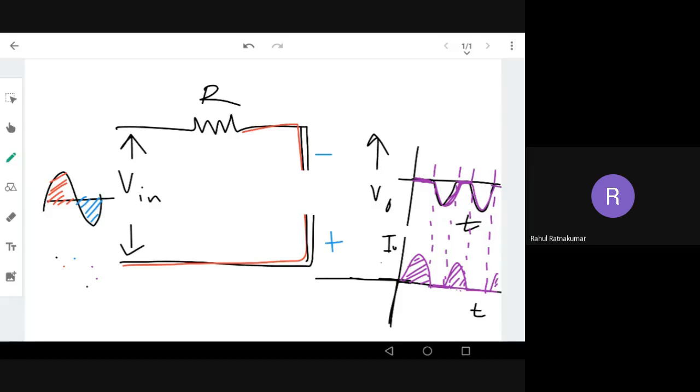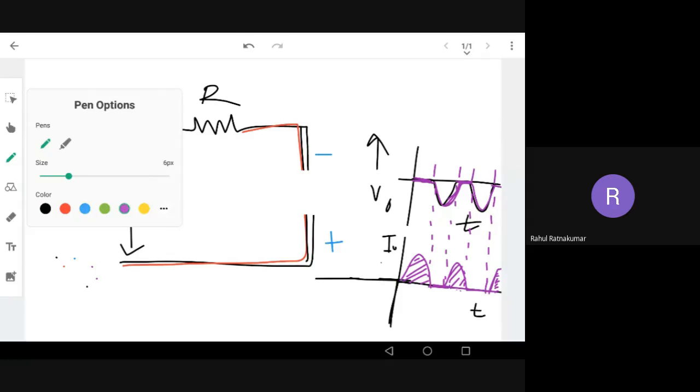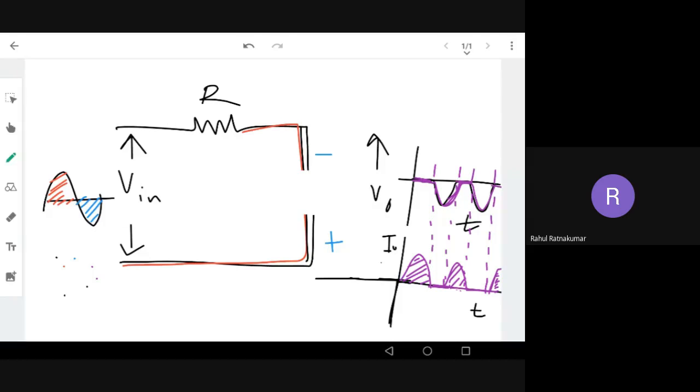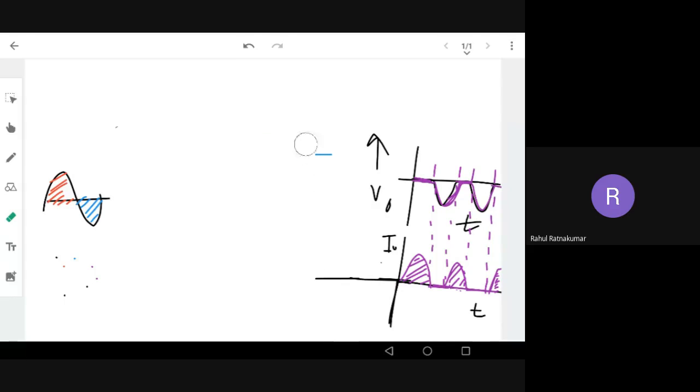Okay, now how to draw the I out versus V in, right? It'll be something like this. Now I'm going to draw, I'll rub this diagram. Now the waveform will be like this.